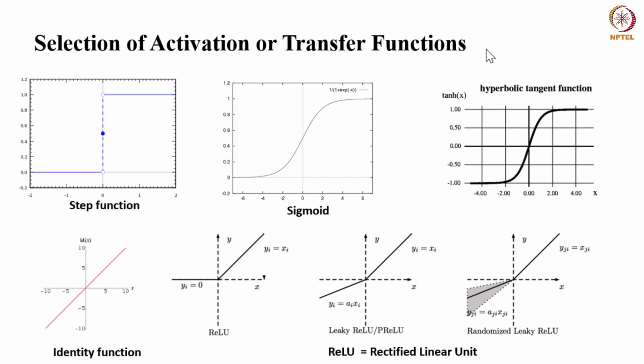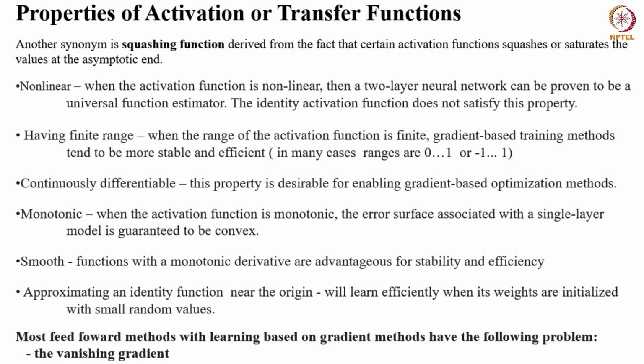And I'm now going to comment on some of the aspects you should think about when choosing the activation function. Sometimes the activation function is called a squashing function because certain such functions squash or saturate the values asymptotically. And obviously not all do, but some do. So therefore this name has come up.